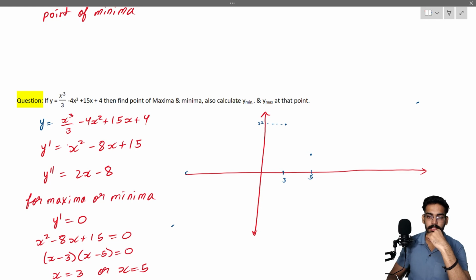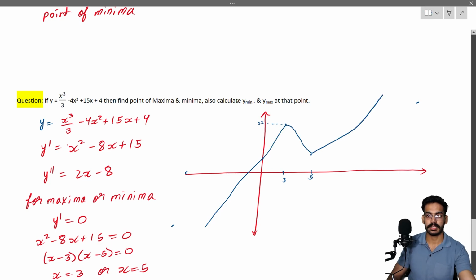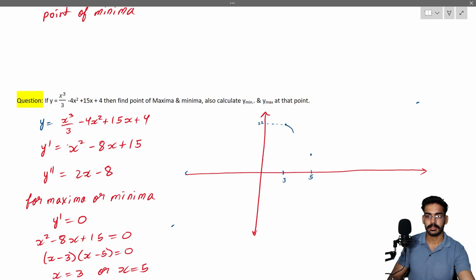So how will I draw? It comes from minus infinity, crosses here, touches x equal to 4, then touches the maxima, then touches the minima, and then goes to plus infinity. Let me draw this clearly. I don't want to make it steep, so it is a little bit of a curve here.